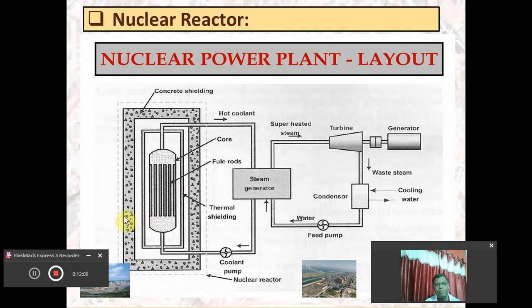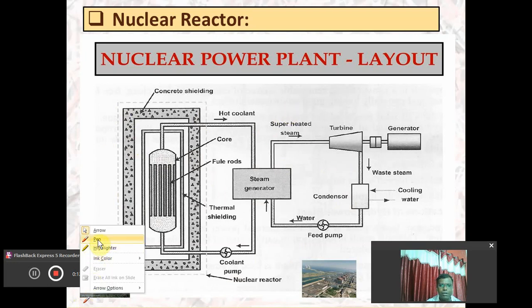So this diagram will be helpful to understand how the systematic representation of a nuclear reactor can be done. Here, whatever parts we discussed in the previous part of the video, from the neutron source till the shielding, can all be considered here. You can see how these different parts are arranged.